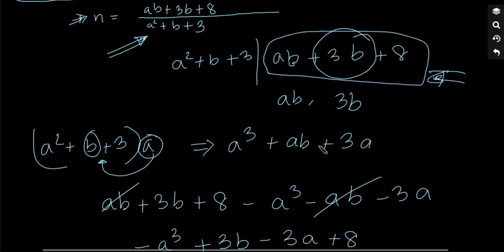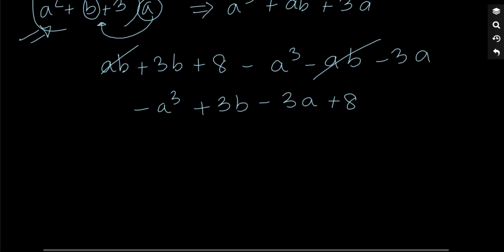My next target is obviously to eliminate this 3b, the same way I did before. How am I going to eliminate this? This is actually easy: take a squared plus b plus 3 and multiply it by 3, because 3 times b equals 3b.